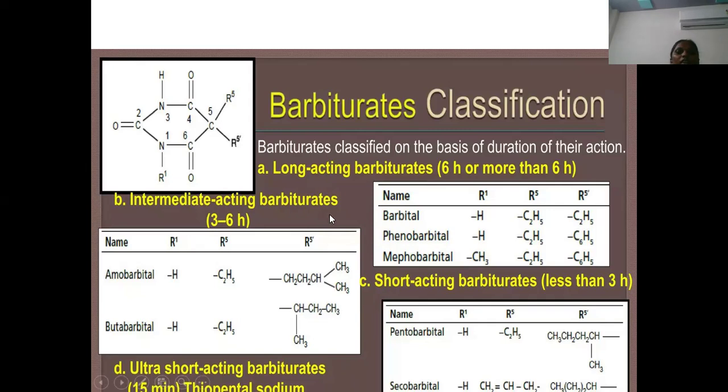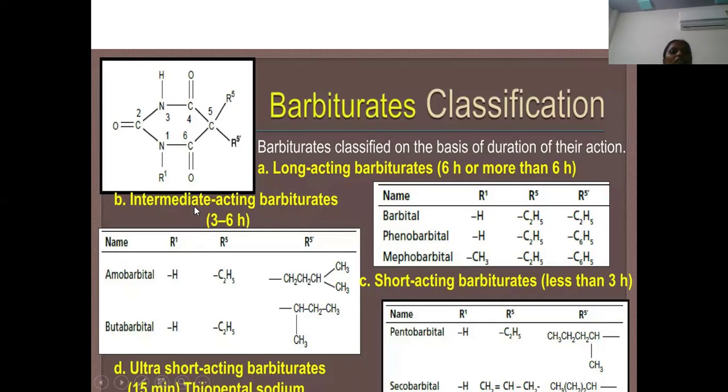Under long-acting barbiturates, the duration is 6 hours or more than 6 hours. That's why these are called long-acting barbiturates. Next, intermediate-acting barbiturates have a duration between 3 to 6 hours.